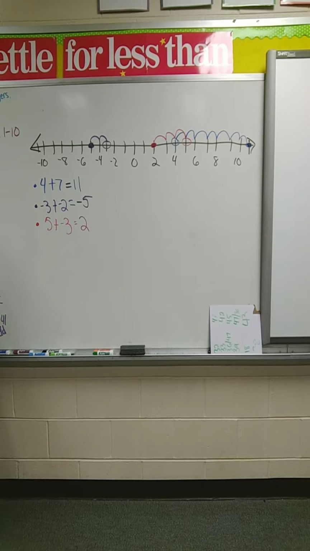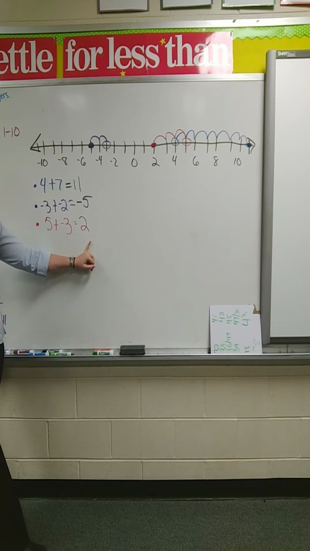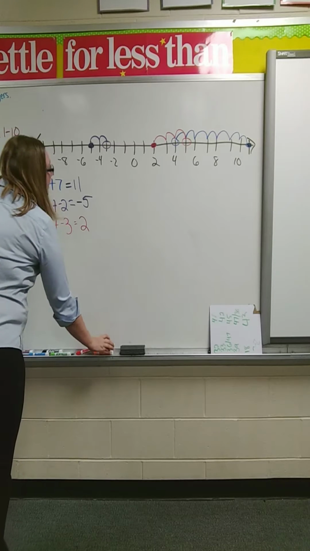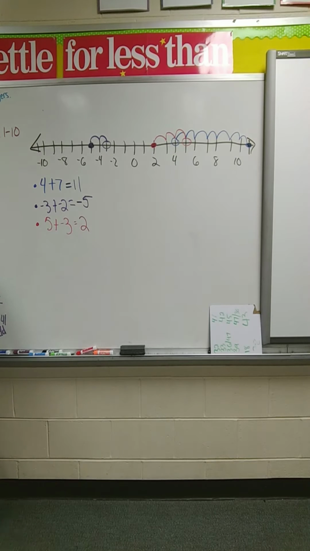So in this example, we started with a positive, we added a negative, and we got a positive. Right? Okay, let's do another one. We're doing lots of examples today. Let's say that we had 3 plus negative 5.